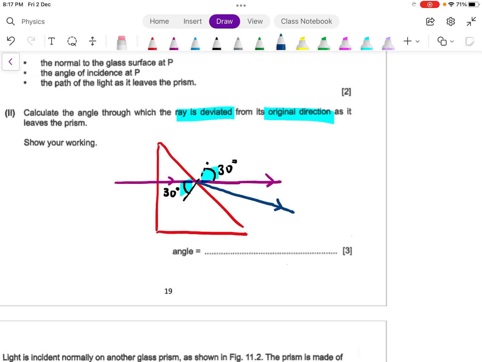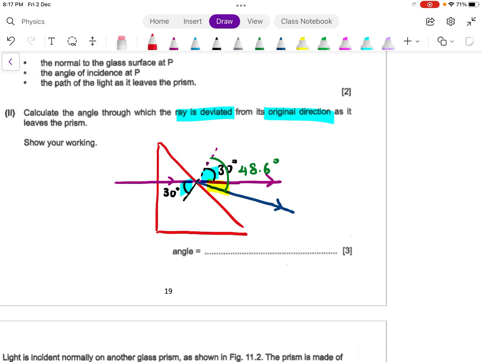So when you bend away from a normal, the angle right here, which we calculated just now, is 48.6 degree. So the question actually wants us to calculate what is this angle right here.